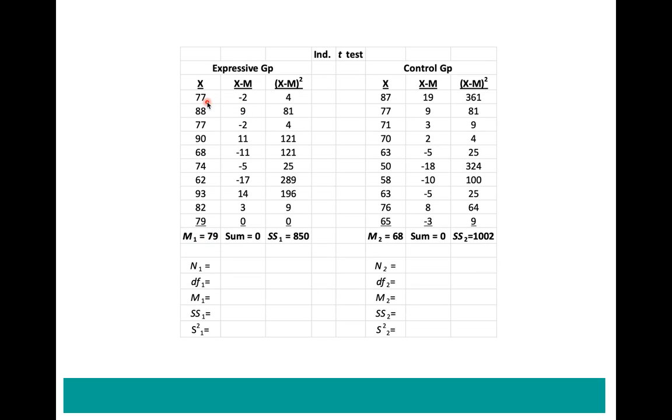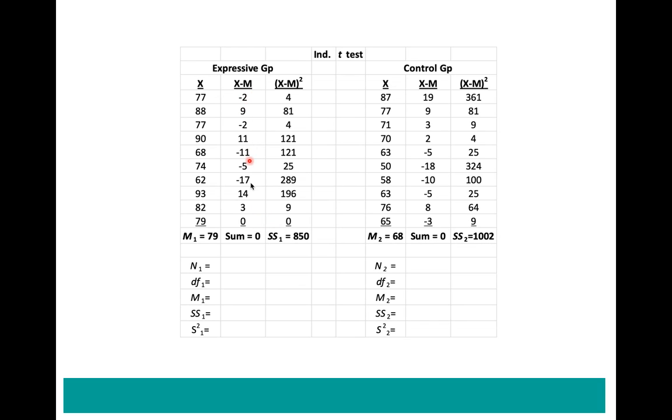So 77 minus 79 is negative 2. 88 minus 79 is 9. 77 again minus 79 is negative 2. 90 minus 79 is 11. So on and so forth. Notice that when a value is equal to the mean, it produces a score of 0.